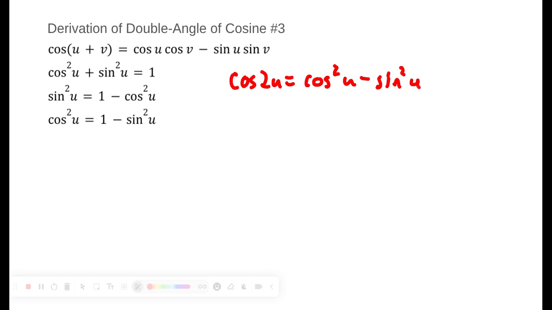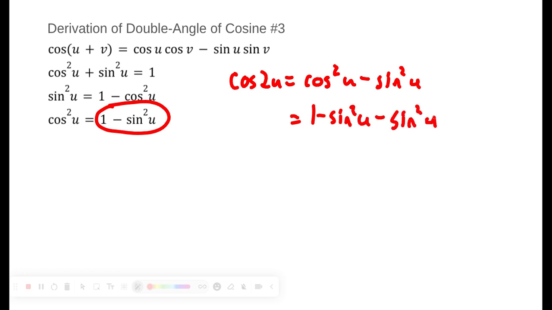And this time we're going to substitute out the cosine squared of u, which is 1 minus sine squared u. And we're going to subtract sine squared u. And so we get the cosine of 2u is 1 minus 2 times the sine squared of u.